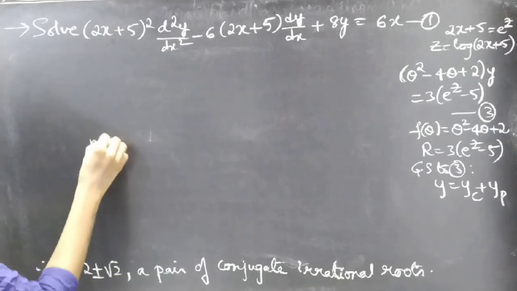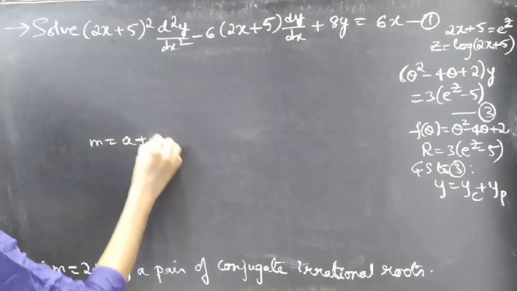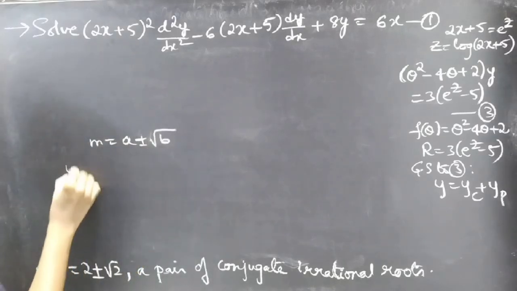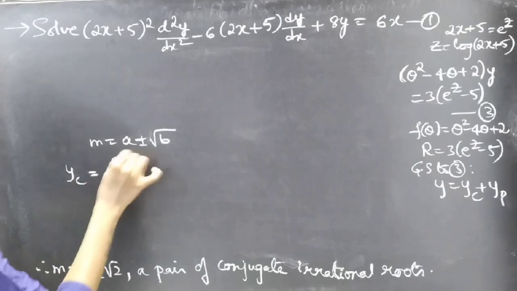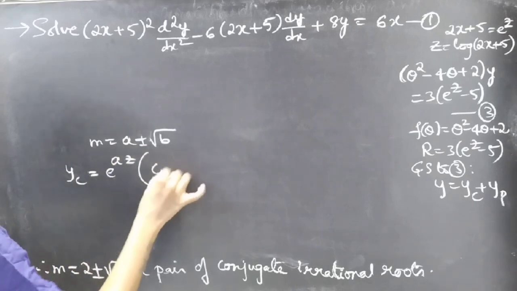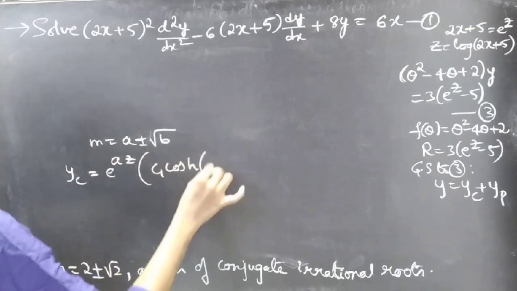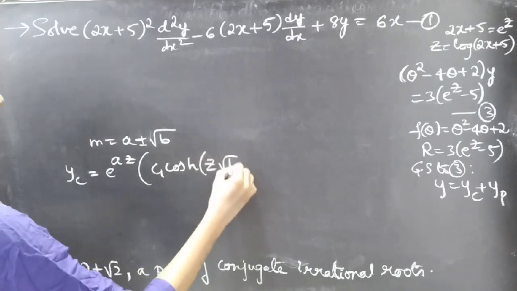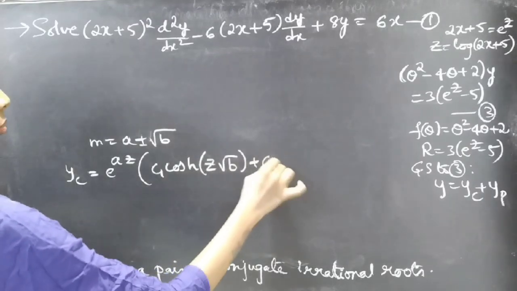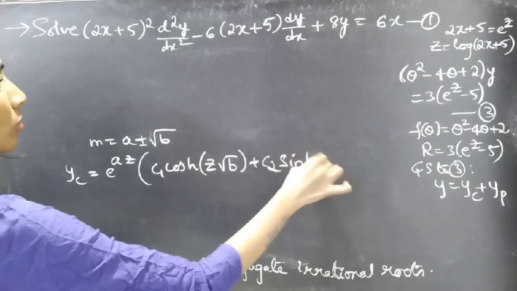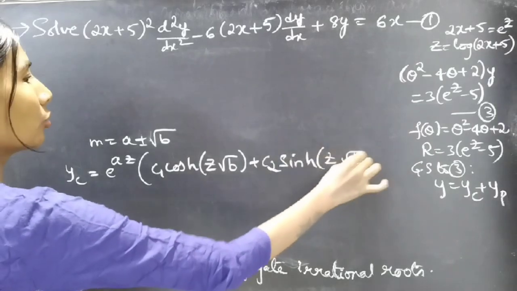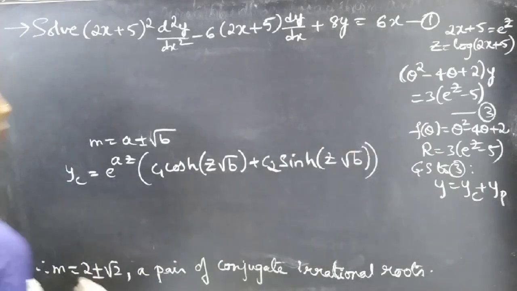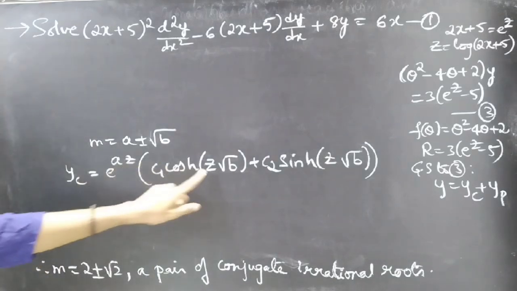When m equal to a plus or minus square root of b, yc will be e^(az) into (c1 cosh(z√b) plus c2 sinh(z√b)). Okay, here z is our variable, so we are writing z instead of x.